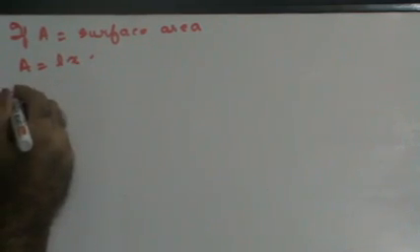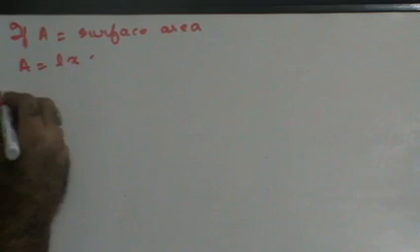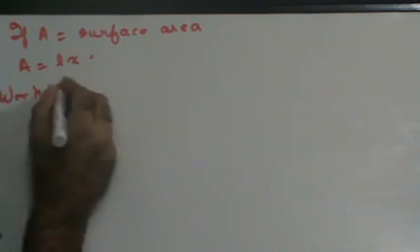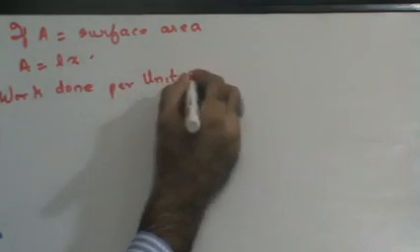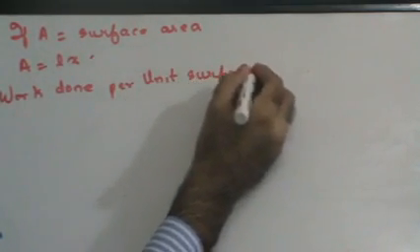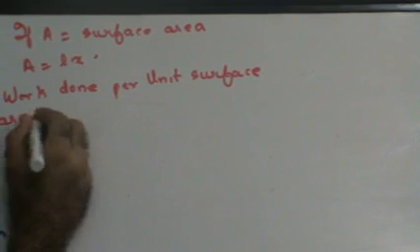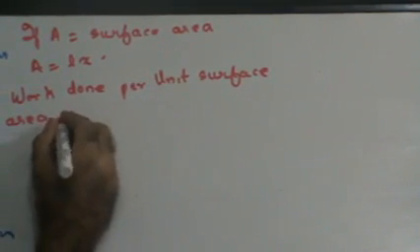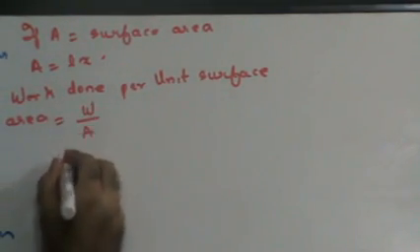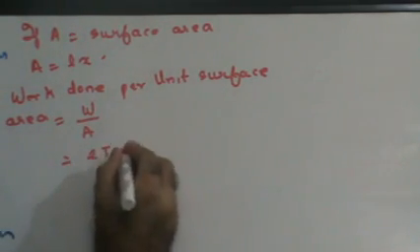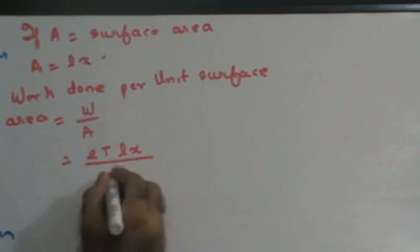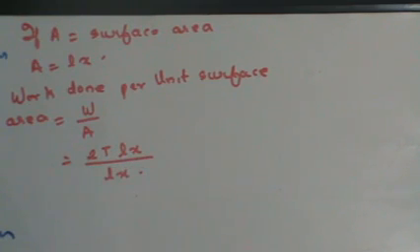In that case, I can say that the work done per unit surface area will be nothing but work upon area. Work you just found out is 2TLx. Area is nothing but Lx, right?